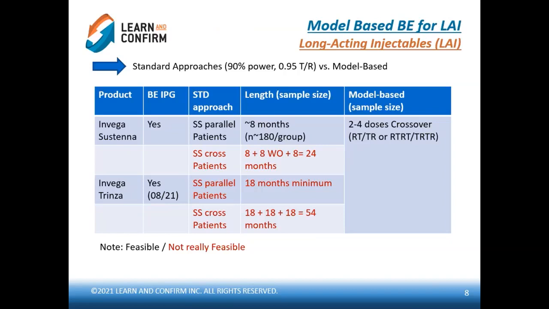Invega Trinza is a 3 months dosing interval product, so because of that dosing interval, even a parallel design is not feasible because it would take at least 18 months to conduct. A crossover design would take about 5 years to conduct. But if you do a model-based analysis, you can propose study designs of 2, 4, 6, or 8 doses.